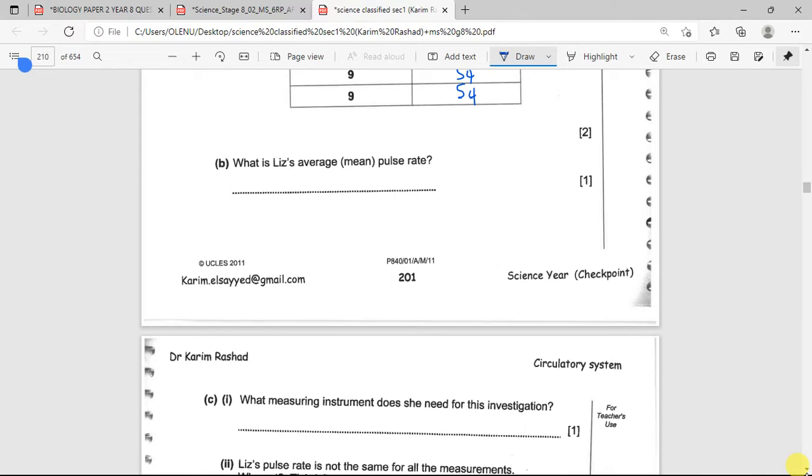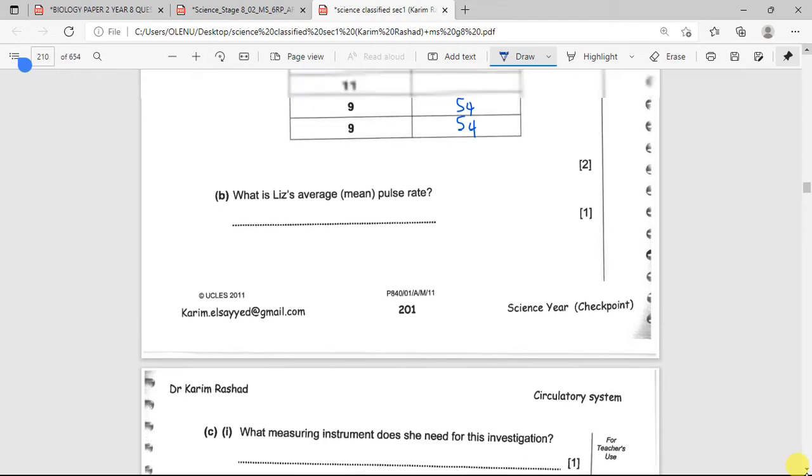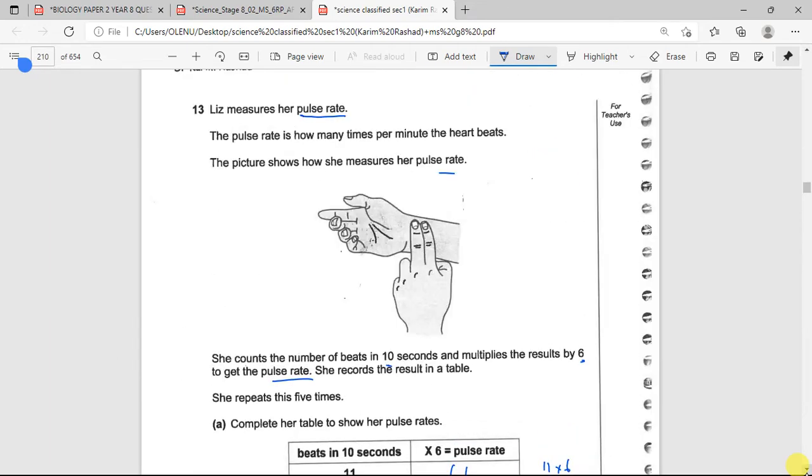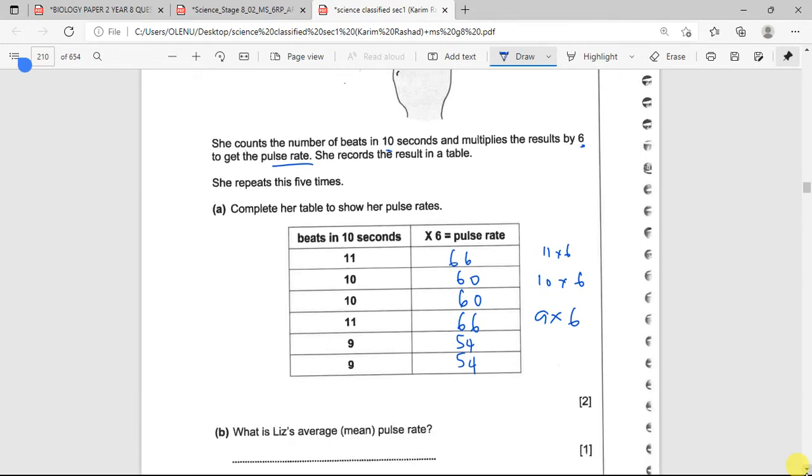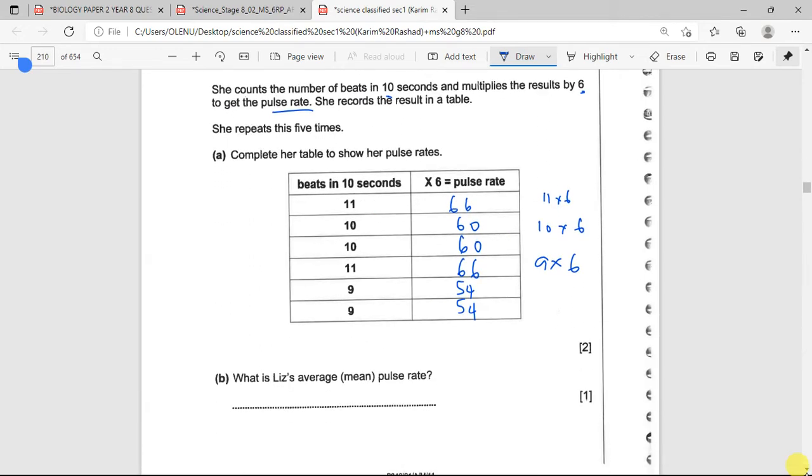Now they said, what is Liz's average mean pulse? So her average mean pulse will be calculated as the total of the pulses divided by the number of readings. So here we have 1, 2, 3, 4, 5, 6.